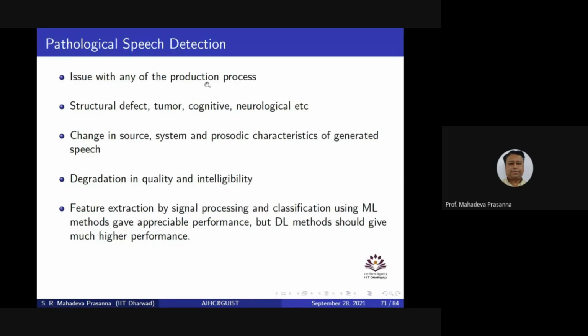Even for pathological speech detection, suppose there is a structural defect or a tumor or a cognitive or neurological effect, all these things will result in change in the source system and prosodic characteristics of the generated speech, which can be exploited for automatic detection and classification by deep learning models.